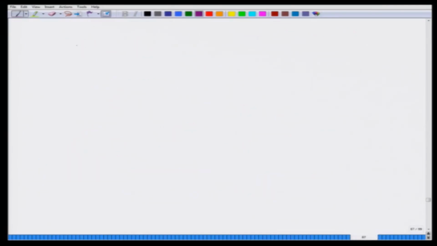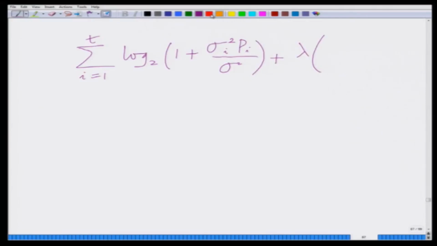The way we do it is we form the objective function, which is basically summation i equals 1 to t of log to the base 2 of 1 plus sigma i square Pi divided by sigma square, plus lambda times P minus summation i equals 1 to t of Pi.